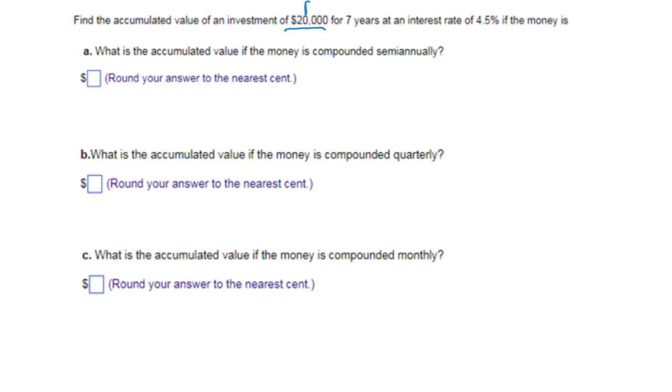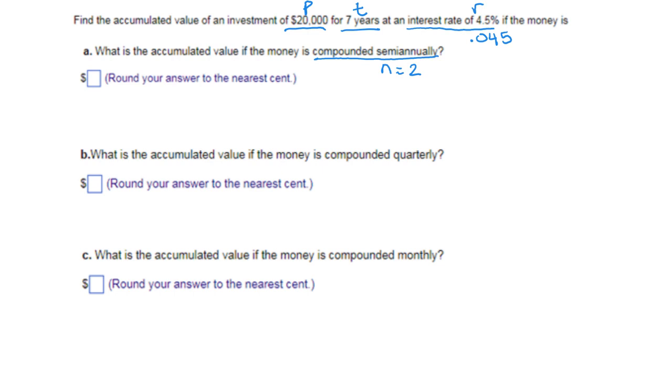That's my P. 7 years is time T. Interest rate of 4.5%, that's going to change to decimal 0.045. This is R. And it tells you what is the accumulated value or the future value if the money is compounded semi-annually. And if you recall, semi-annually means N is equal to 2 times a year.